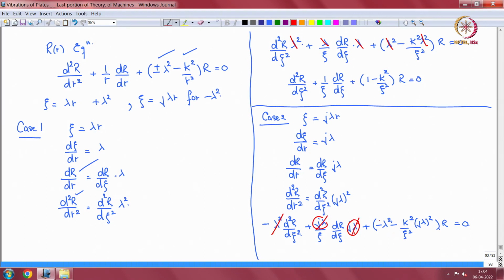If I take this minus λ² out, then I get a 1 minus k²/ξ² into R, because I have a minus and a minus, I have a plus. If I cancel out all the minus λ², I get the same equation. So that is Bessel's equation.